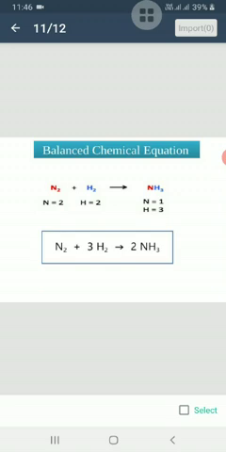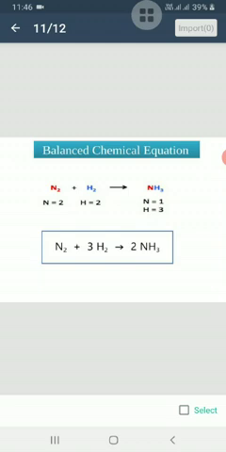So now count the number of atoms on both sides. On the right hand side, we have the number of atoms of nitrogen 2. On the left hand side, we have 6 hydrogens. 3 2s are 6 atoms of hydrogen. On the right hand side, 2 3s are 6.